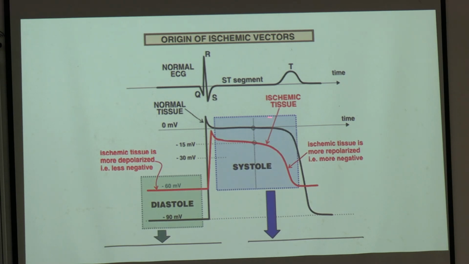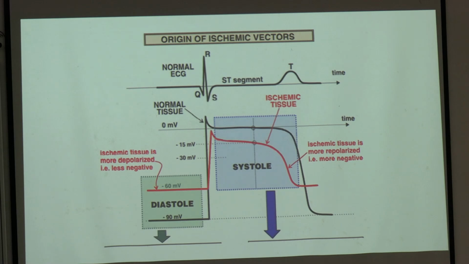In the fast response action potential, this ST segment corresponds to phase 2, and in phase 2 there is no net flow of electricity. This is because positive ions enter and positive ions exit, so they balance each other, right?